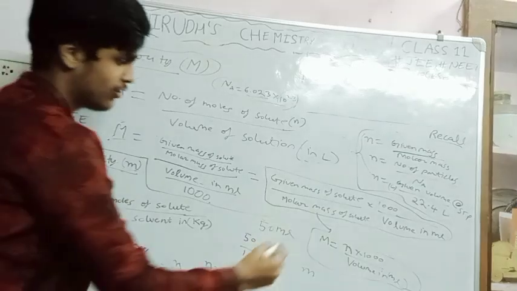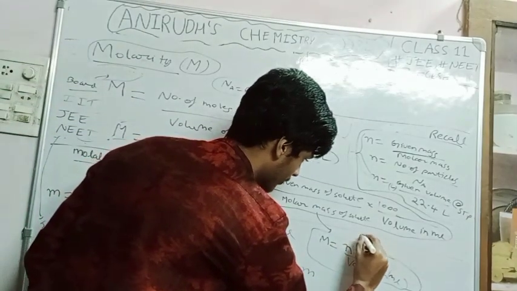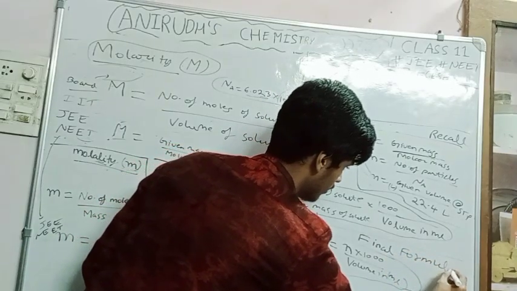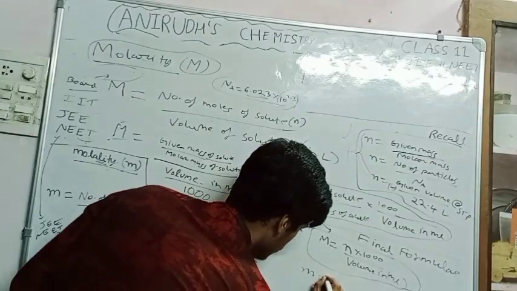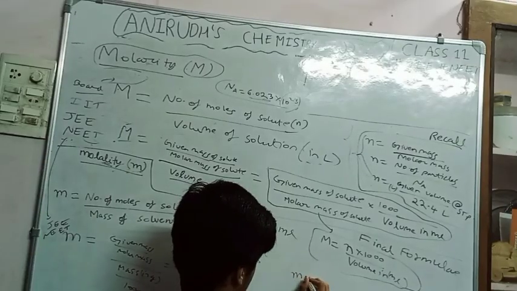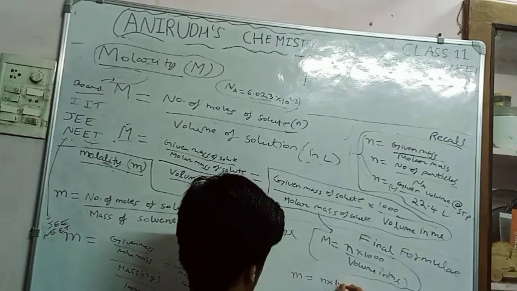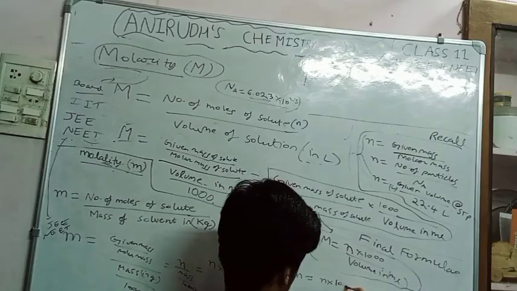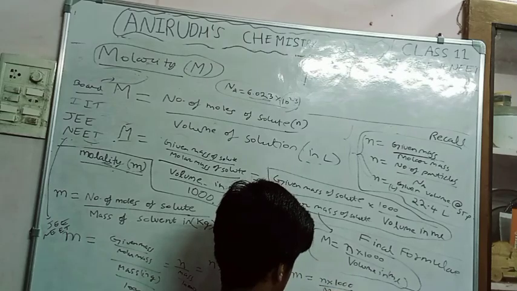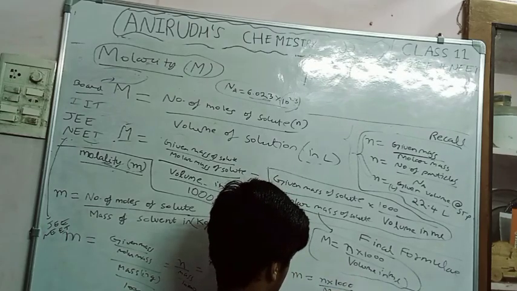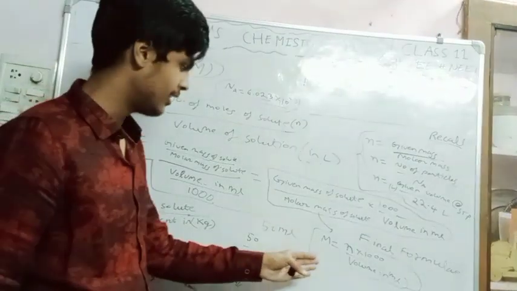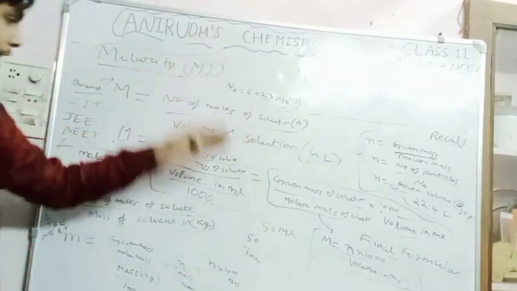Along with this, remember these final formulae: n into 1000 by mass in grams of solvent.